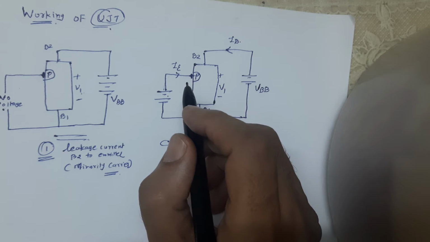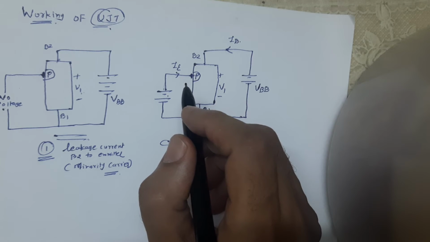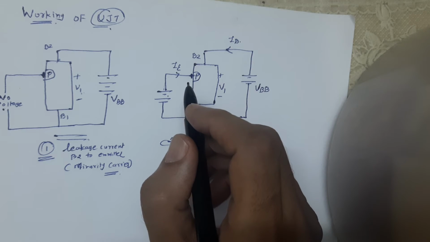Now, if the input voltage to the emitter exceeds V1, at that time the PN junction becomes forward biased. Under these conditions, holes are injected from the P-type material into the N-type bar. These holes are repelled by the positive B2 terminal and they are attracted towards the B1 terminal of the bar.